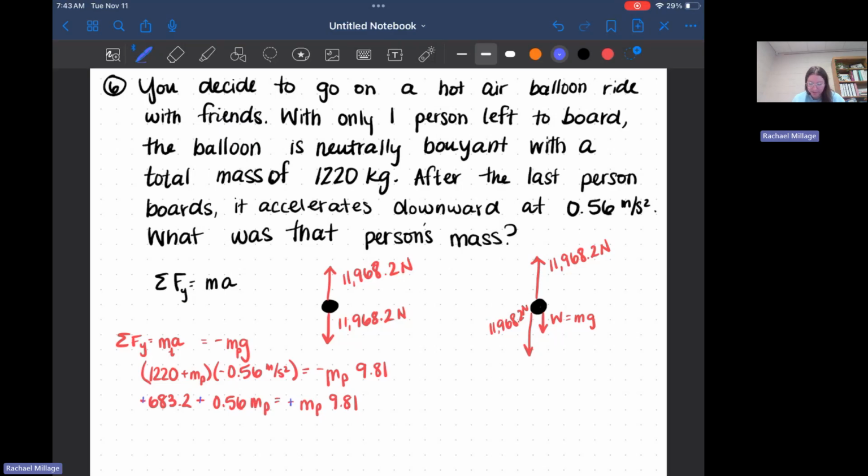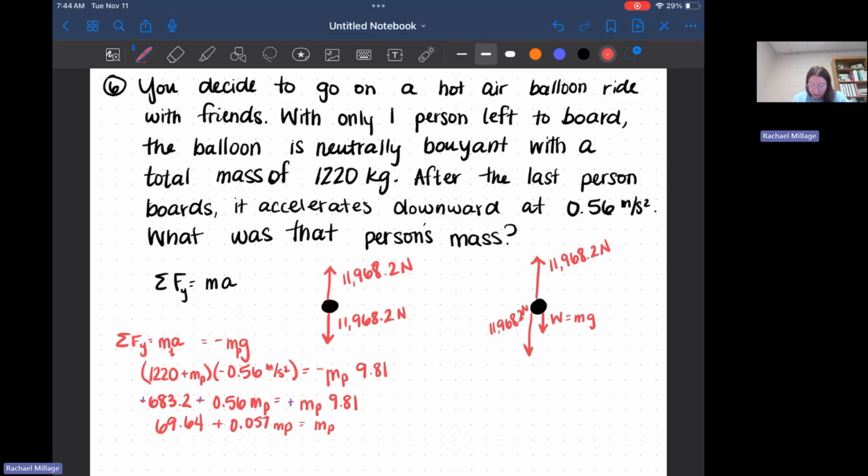That 9.81 has to be distributed across both of these terms because we're adding. So I'm going to do 683.2 divided by 9.81, which is 69.64, plus 0.56 divided by 9.81, which is 0.057 times the mass of the person, equals the mass of the person.